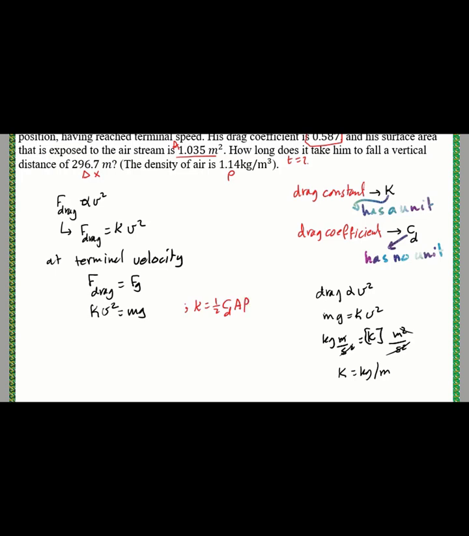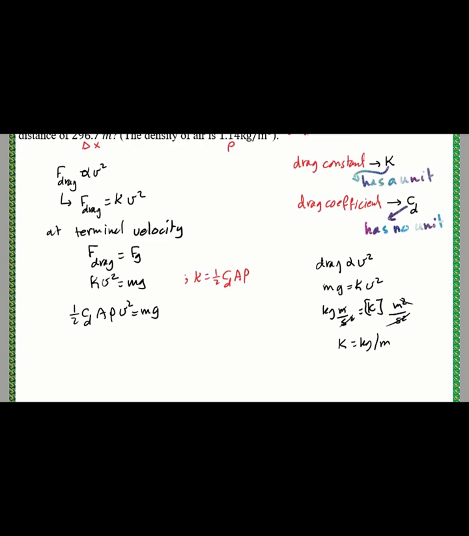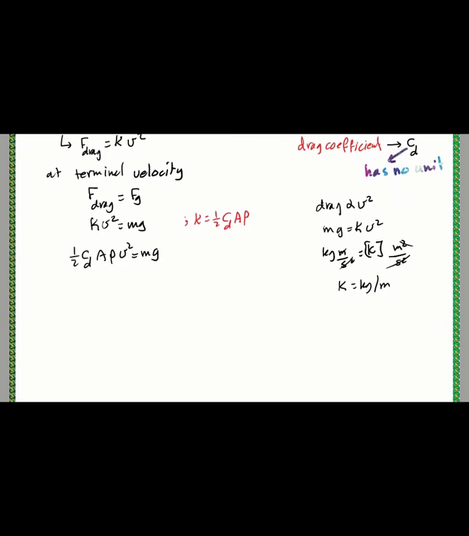So put all of these in this equation: 1/2 CD A rho v squared equals m times g, and from here you can get the velocity. The velocity v squared equals 2mg over CD A rho, and if you take the square root, the velocity should be the square root of this quantity.